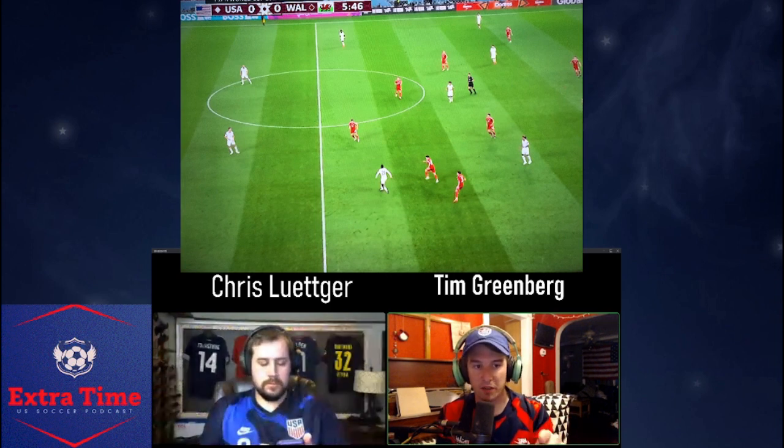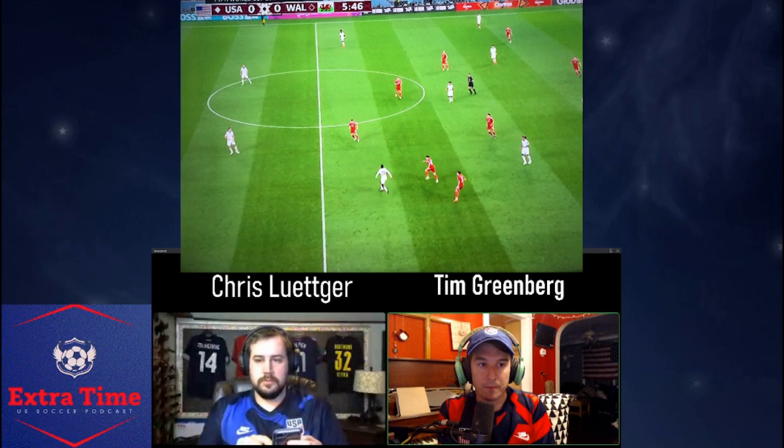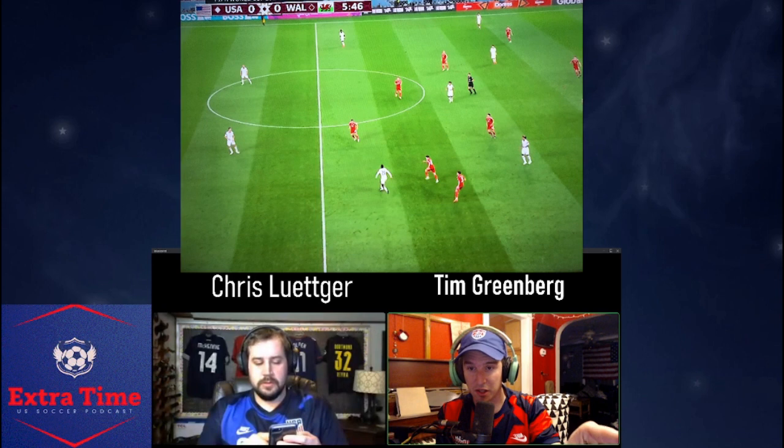In this one specific situation, we got ourselves into this spot a lot of times, okay? We'd carry the ball into the middle of the field, and if you look, Weston McKennie's wide open, okay? If Weston McKennie turns and goes goalward, he's going to put 1, 2, 3, 4, or Adams, 1, 2, 3, 4, 5, 6, right? He's going to put 6 Wales players out of the play, right?